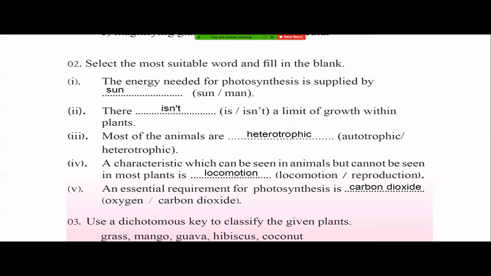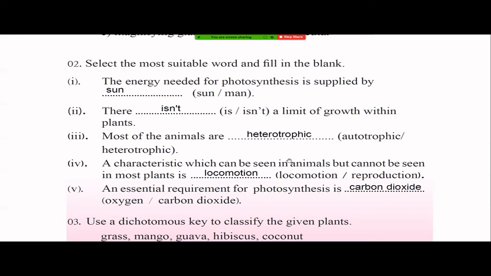Even some animals don't show locomotion, they only move their body parts. But most animals show locomotion using different methods like swimming, walking, running, creeping. Most animals show locomotion, but trees don't, right?